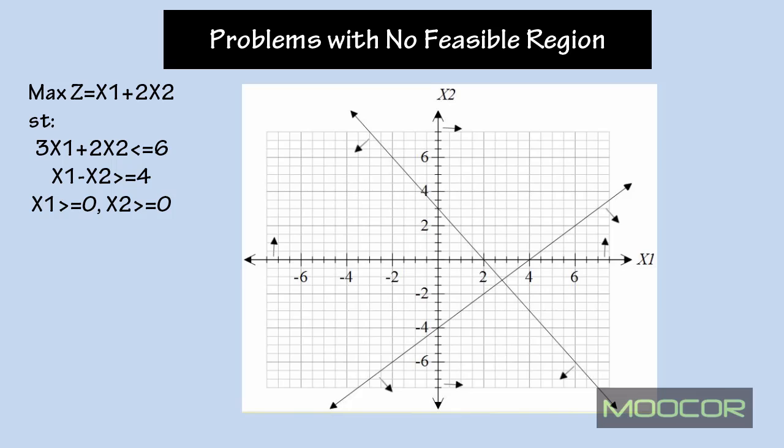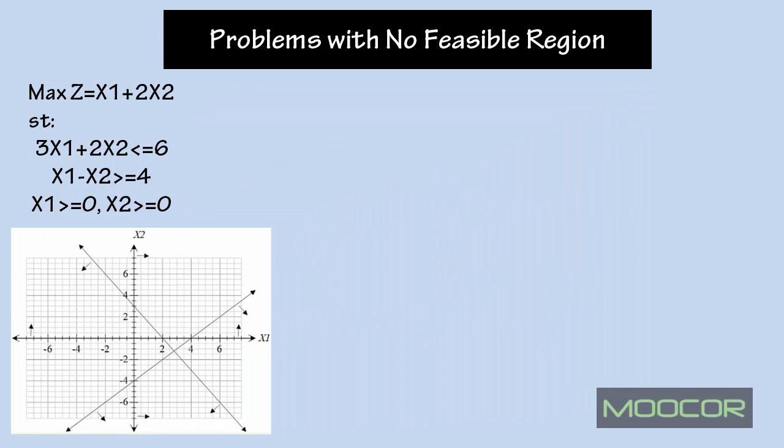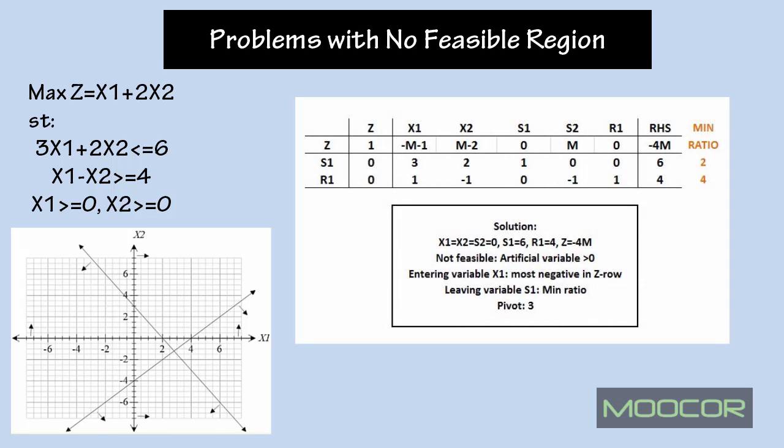So let's follow the steps and set up the first tableau for the big M, and I noticed that the problem is not optimal, so I will continue the process. I will enter X1 into the basis, and S1 leaves.